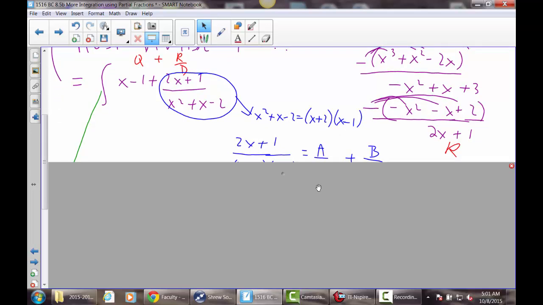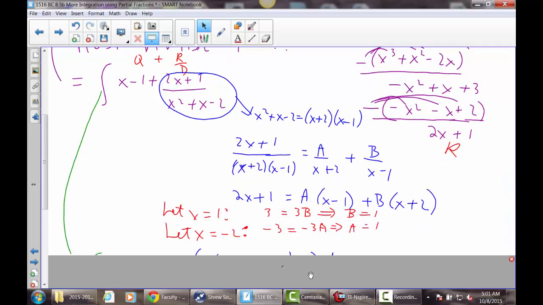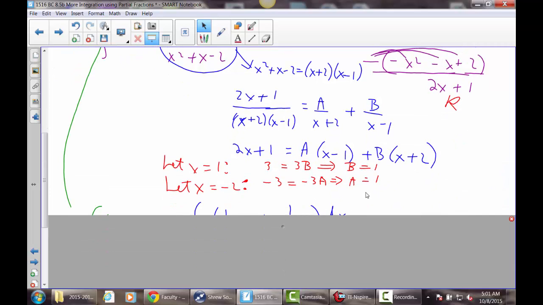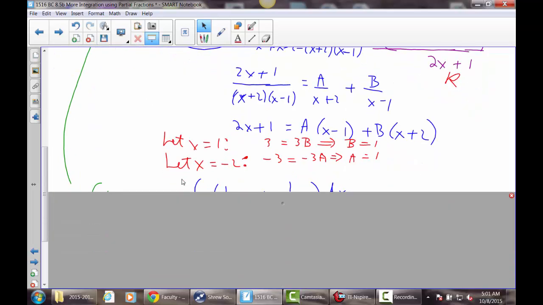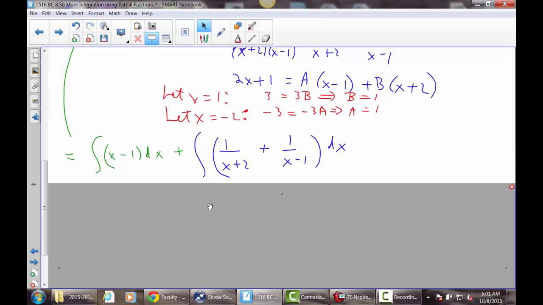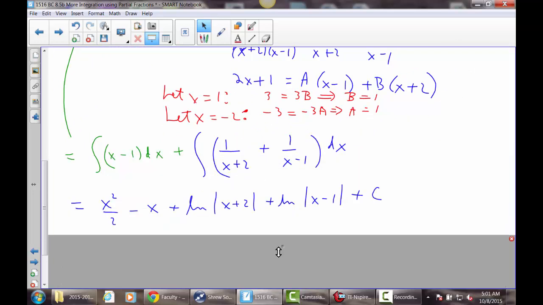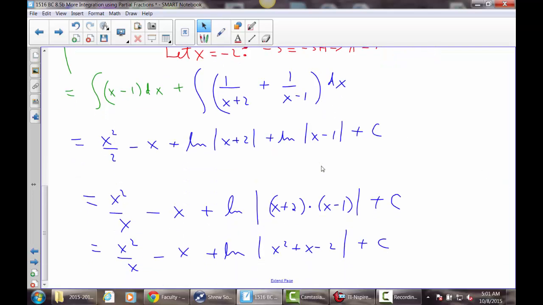That gives me 2 fractions, etc., etc. You'll find a and b are 1 and 1. But don't lose this part. You still have this integral of x minus 1 plus, and now you break up with the partial fractions. And of course, the rest is history. And then, of course, using the log properties to simplify.